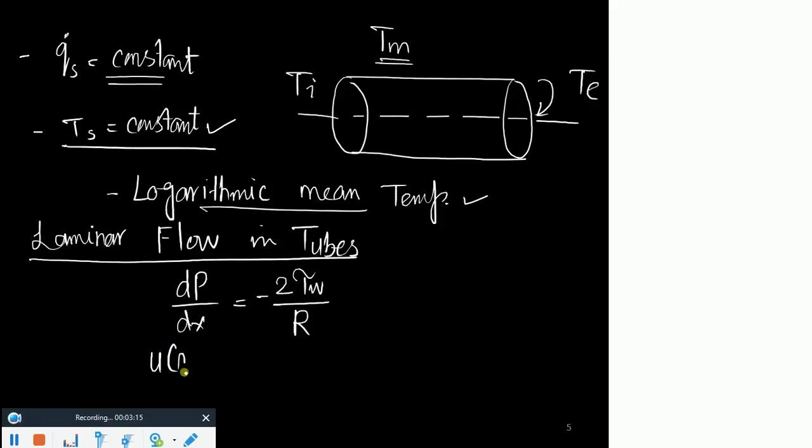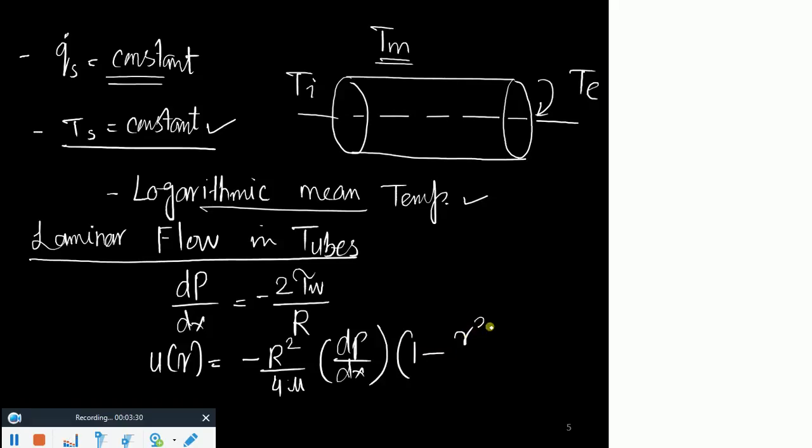And then we found out the velocity profile, which was the proof of that parabolic velocity profile, that was equal to minus R square over 4 mu dP by dx, 1 minus r square over R square. So this is something, the quadratic profile, which tells you that the velocity profile would be kind of parabolic.